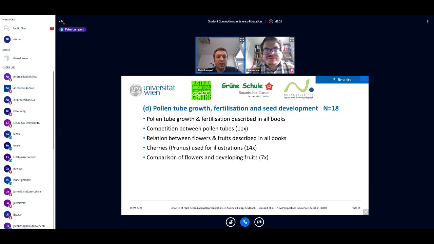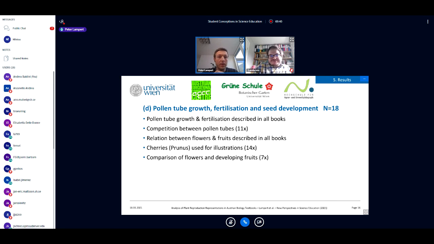Then before seeds can develop, there's a process called pollen tube growth. So the pollen lands on a flower and then it grows a pollen tube which can be 1 or 2 centimeters long, which then enables fertilization in the later context, and then seeds can develop.